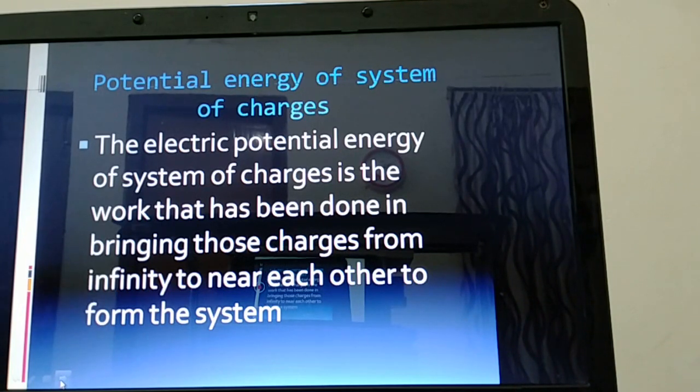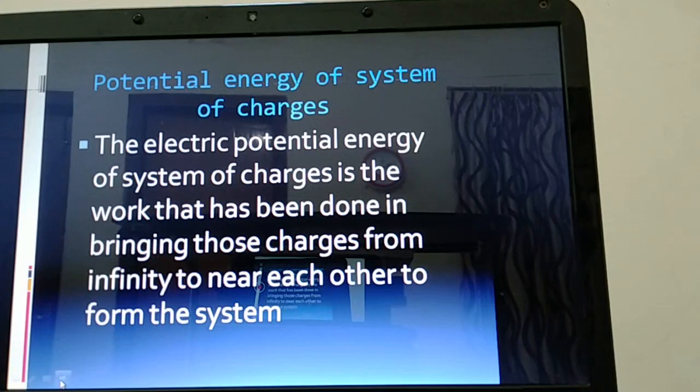The total sum of all the work done to bring those charges from infinity to their respective points is equal to the total potential energy of that system. Are you getting me? If you are assembling a system of charges by taking all those charges from infinity to their respective points, you have to do some work.